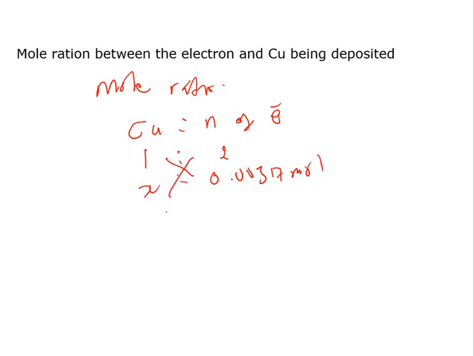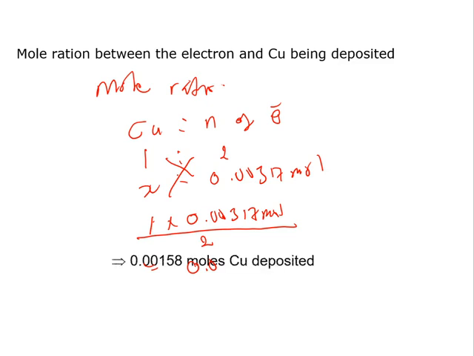Cross multiply: it is 1 times 0.00317 mole divided by 2. And our answer is 0.00158 moles of copper deposited.